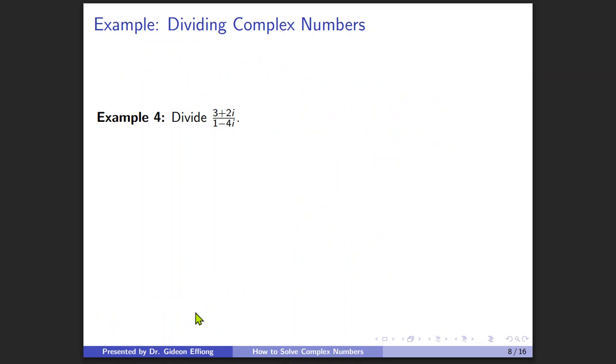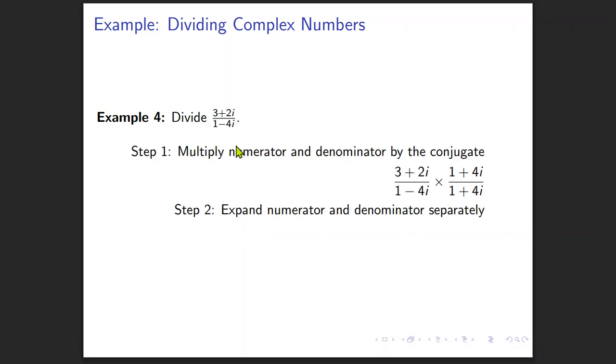So now the next example is to consider division. Division of complex numbers. We are given this complex number for us to divide. The first step is to multiply the numerator and denominator by the conjugate.